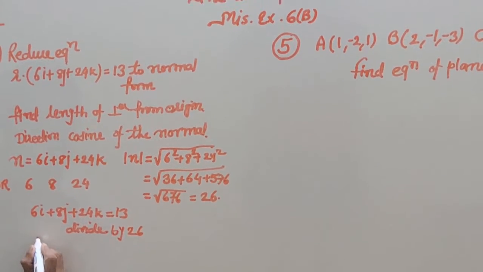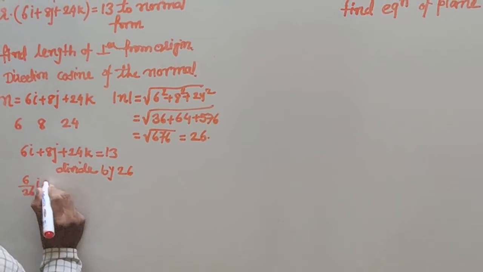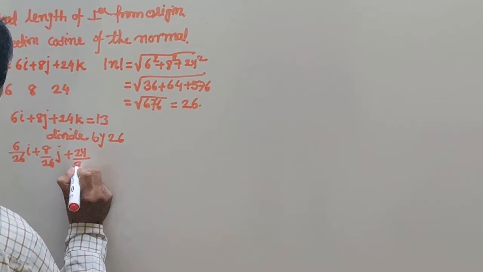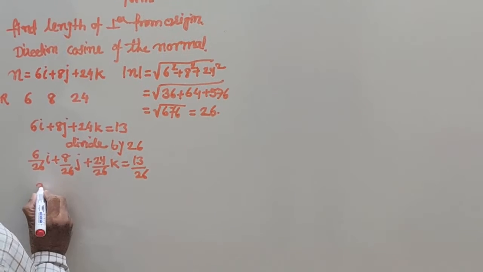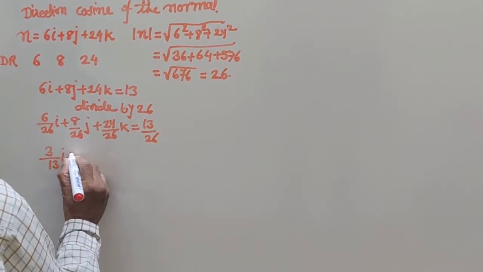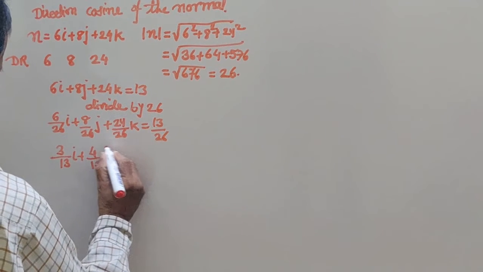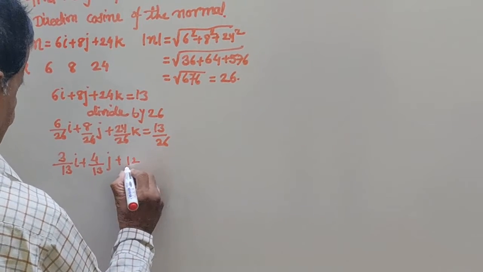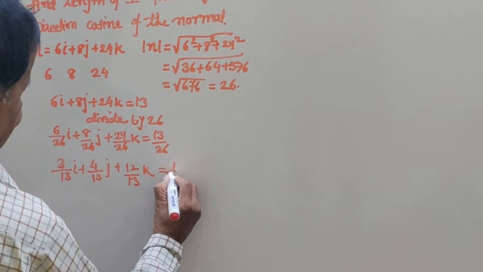What will come here? 6 upon 26 i plus 8 upon 26 j plus 24 upon 26 k is equal to 13 upon 26, that is 3 upon 13 i plus 4 upon 13 j plus 12 upon 13 k is equal to 1 by 2.